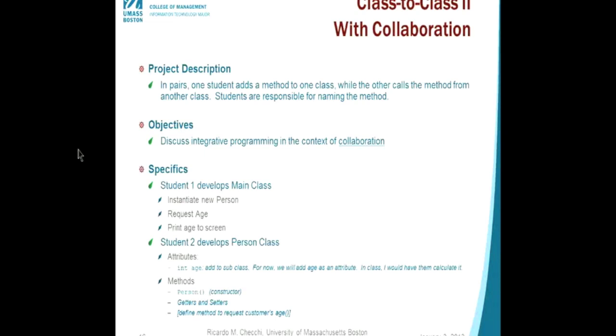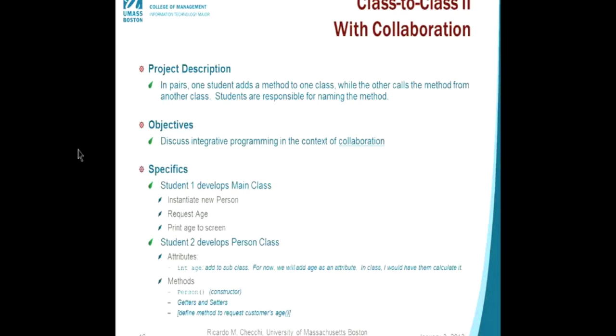But then the second student develops the person class, or they both work on the person class. Now, if I do this in a lab setting, I'm going to say age is an attribute. If I do this as homework, I'm going to say figure out how to calculate age. In a lab setting, I'm not going to tell them what the name of the method is to request the age. I'm going to let them figure it out.